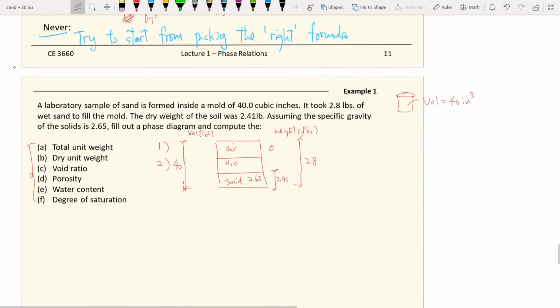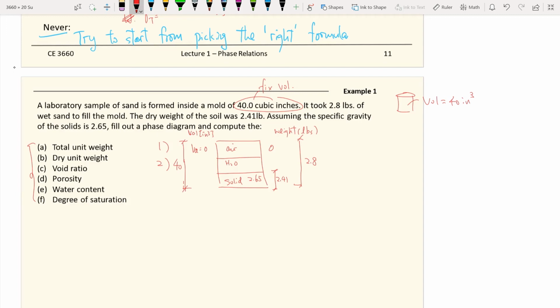In this case, since the volume is given, you have a fixed volume, so you cannot assume the volume of solid equals 1. Sometimes you can, sometimes you cannot. When the volume is fixed, you cannot do that. Also, you need to think about whether your volume of air is equal to 0 or not.